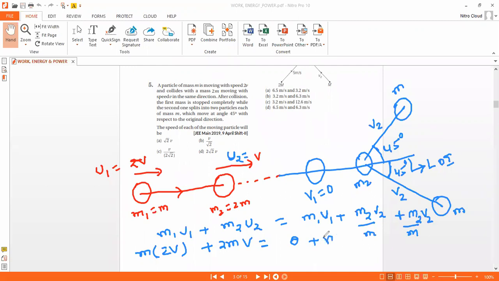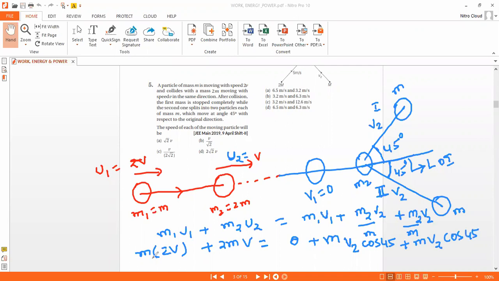Now see here, this is my first part and this is my second part. The first part is moving at an angle 45 degrees to the line of impact, right? So we need to find the velocity along the direction of the line of impact. That is v2 cos 45, and here also the same thing, m v2 cos 45. Is it right?